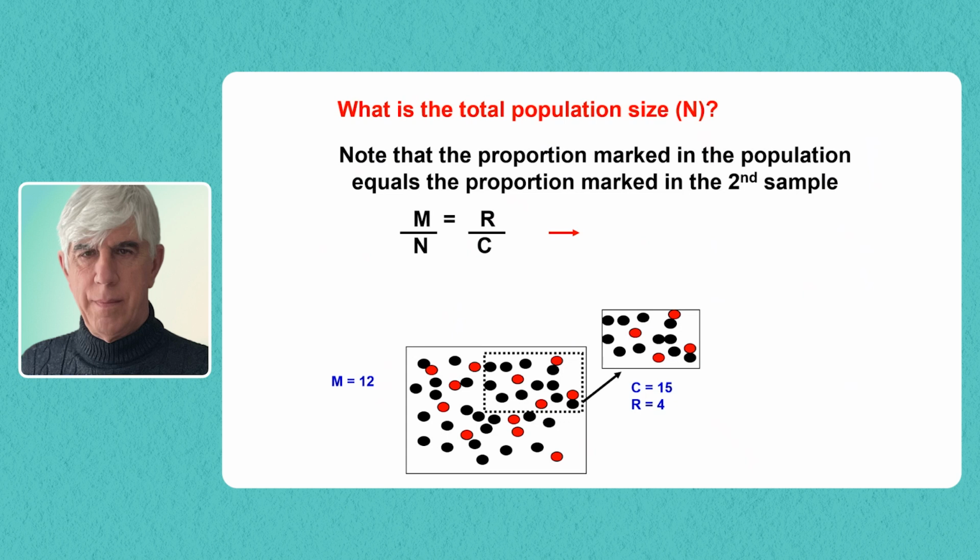The idea is that these proportions are pretty much the same. n is the number of animals taken the first time out of N. N is the total number of animals present in the environment, which you don't know. And R and C are the animals that you take the second time: the number of marked animals out of the animals that you take in the recapture.